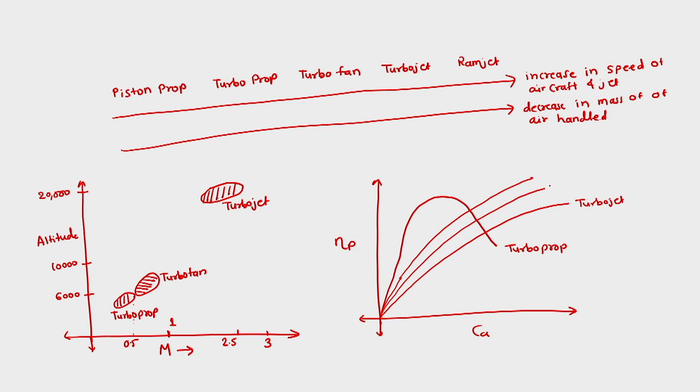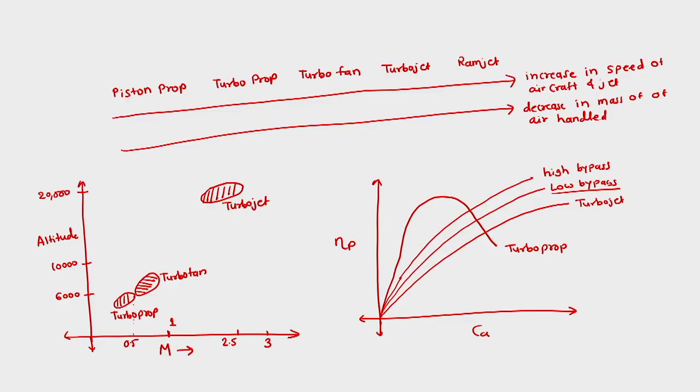So this turbofan engine is low bypass and this turbofan engine is high bypass. Basically, by bypass we mean the amount of air which would pass through the cold circuit and generate the cold thrust.